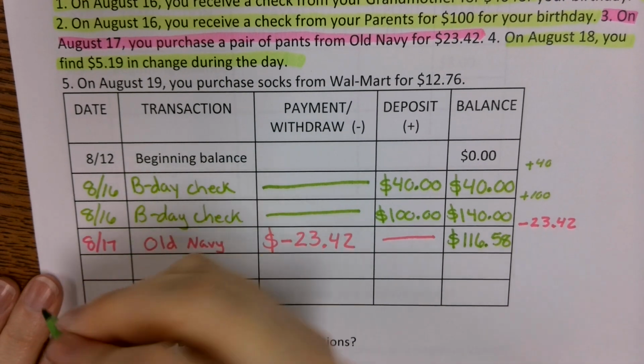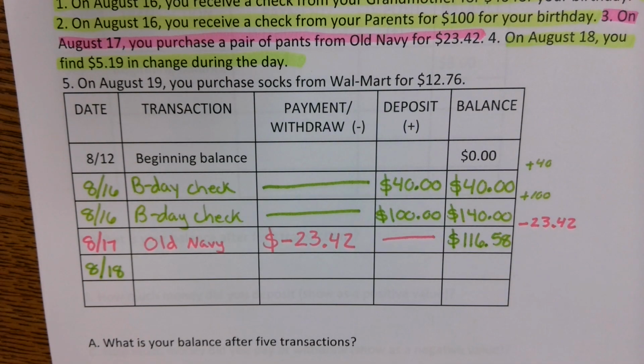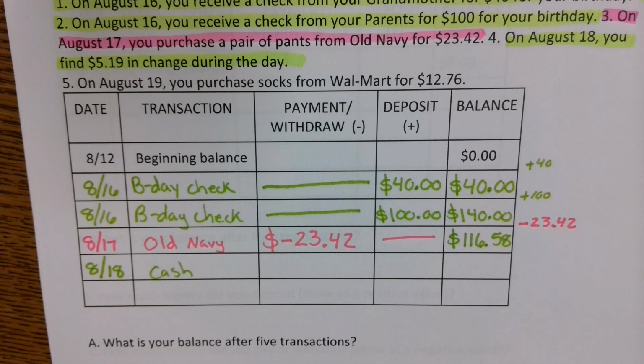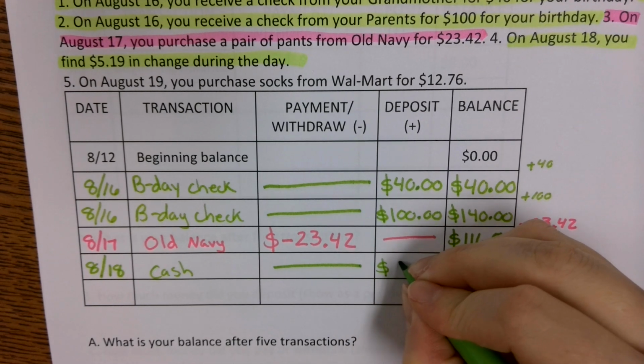But we're going to pretend like we're actually depositing it into the account. So again, you would put down just what your transaction happened to be. It's just cash. It's money that you found. We are not withdrawing it. We are depositing it, $5.19.